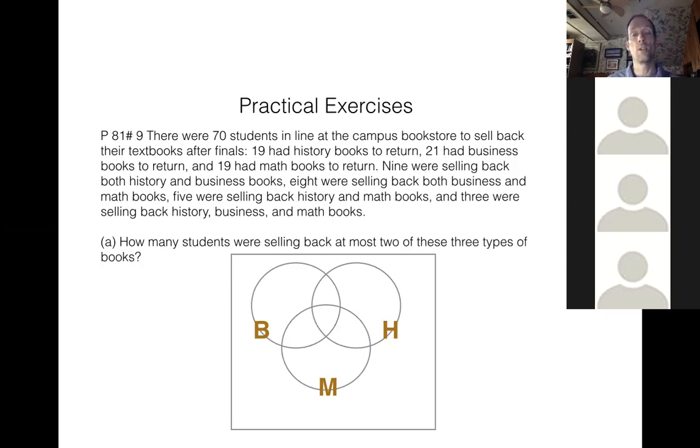The practical exercises give us information on something that happened. In this case, 70 students went into the bookstore and they all did something. We're going to get a lot of information on what they did by the categories their purchases fell in.